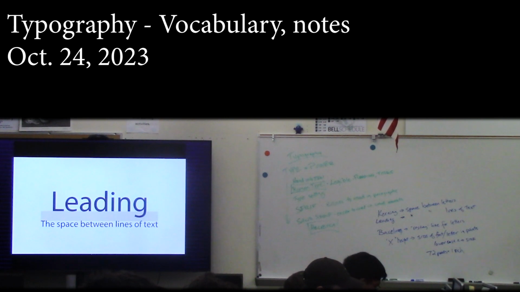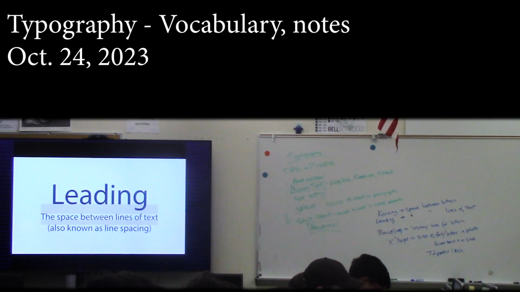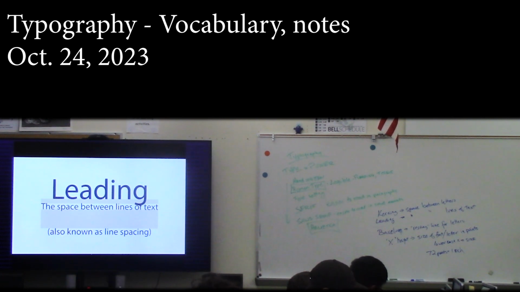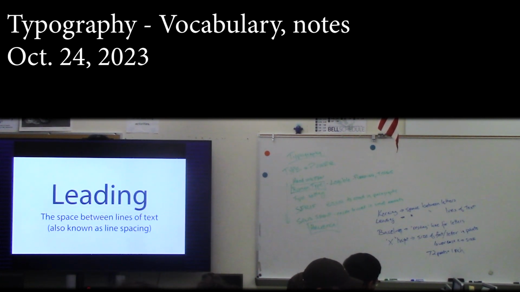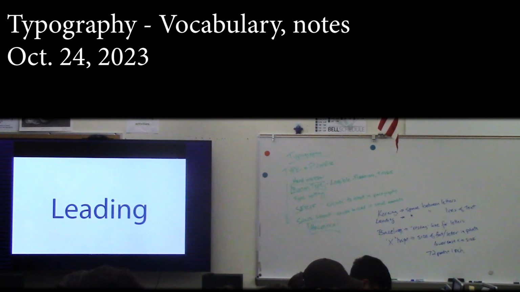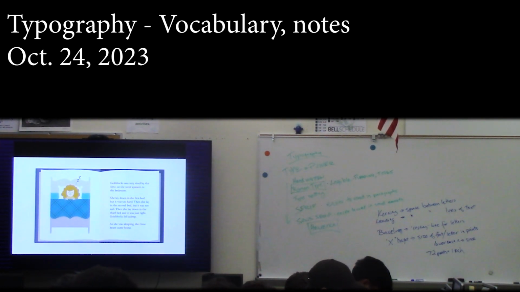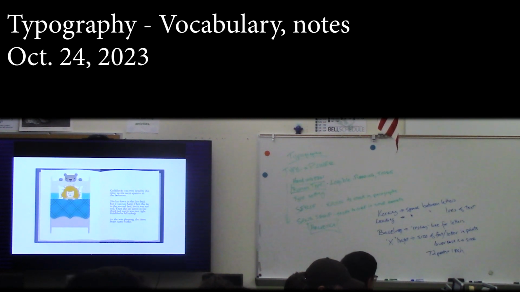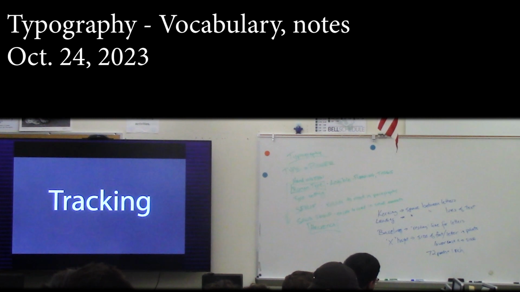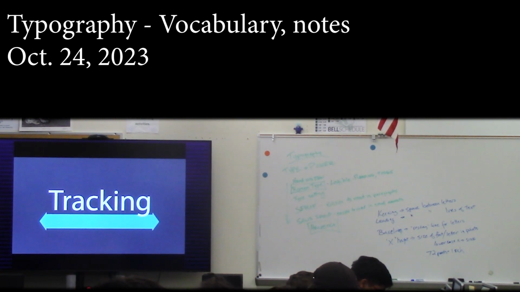Leading is the space between lines of text, also known as line spacing. If you're not sure how much line spacing to use, don't fret. The default is usually fine. The goal is to make your text as comfortable to read as possible. Too much or too little spacing can make things unpleasant for the reader. Tracking is the overall space between characters, sometimes called character spacing.